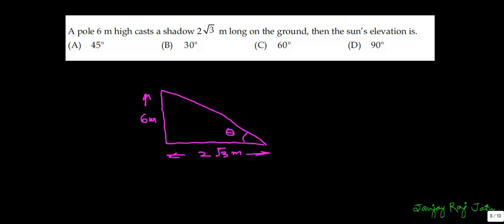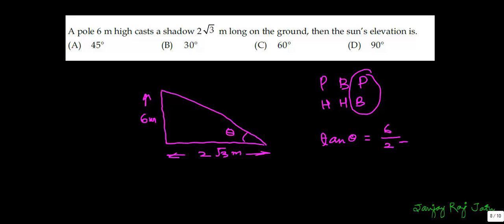So again the two sides involved are perpendicular and base. So tangent of theta is equal to 6 by 2 root 3, which is equal to root 3, and theta will be equal to 60 degrees.